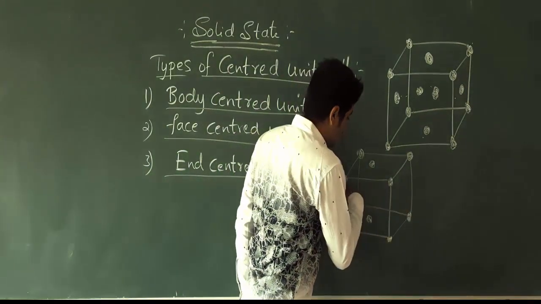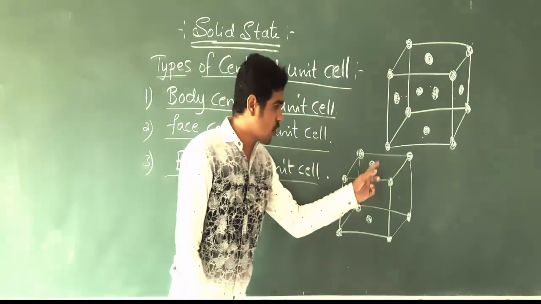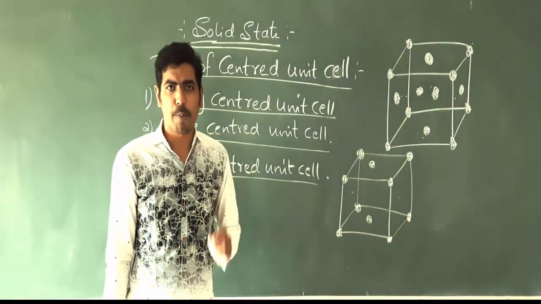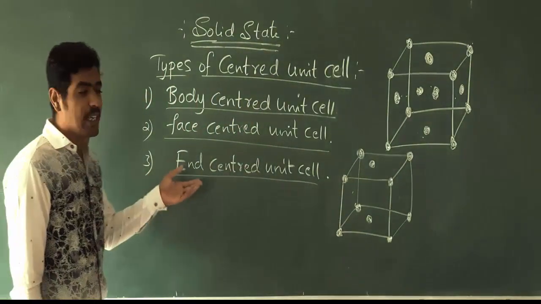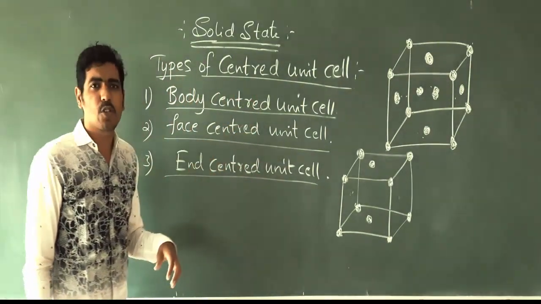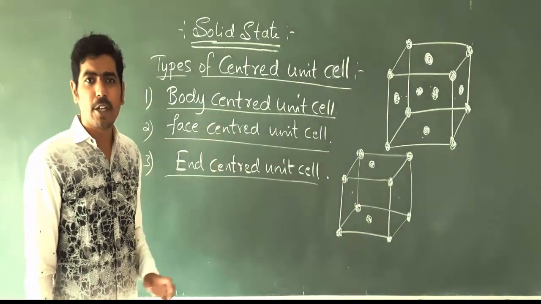So the particles in the end centered unit cell are present at the corners as well as at the center of any 2 opposing faces. Such a type of unit cell is said to be an end centered unit cell. So these are the 3 different types of centered unit cell or non-primitive unit cell.